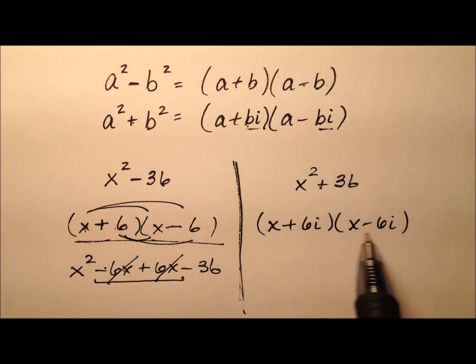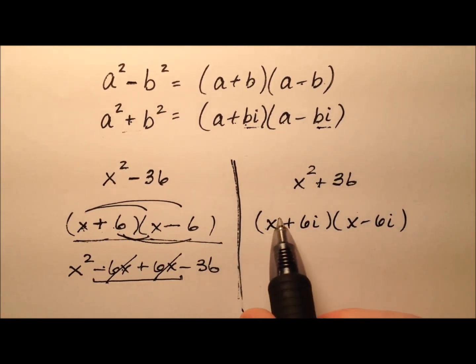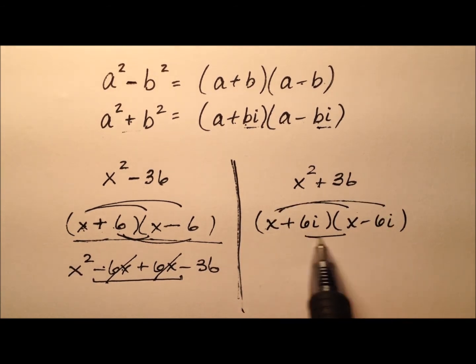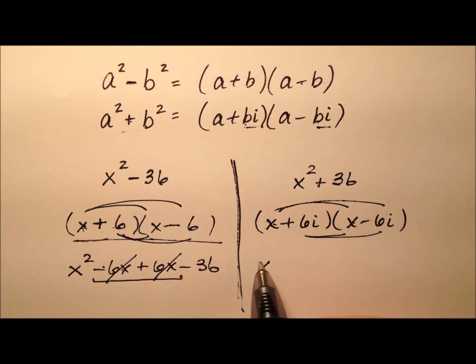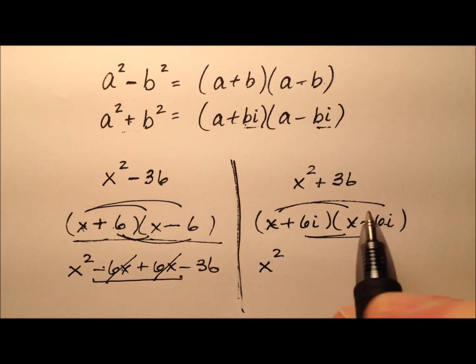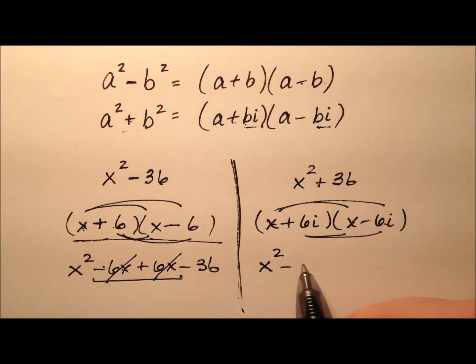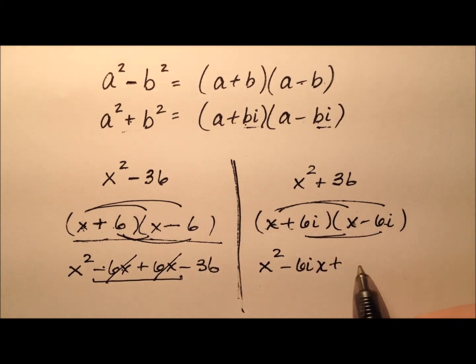Okay, well, how does this i cause this to be positive, and why does it work out? Well, let's go ahead and distribute through. So x times x is x squared, and then x times -6i will be negative 6ix. And then we'll go through here and positive 6ix.